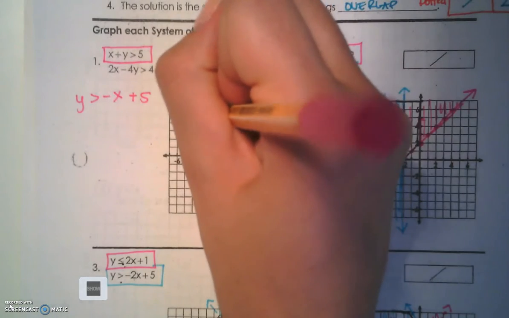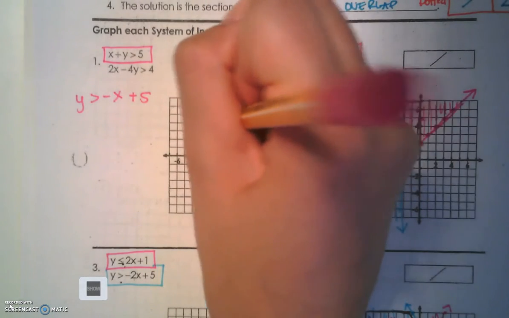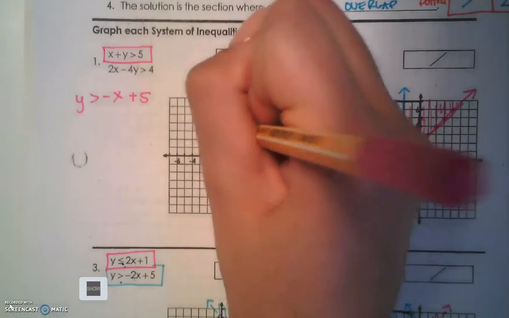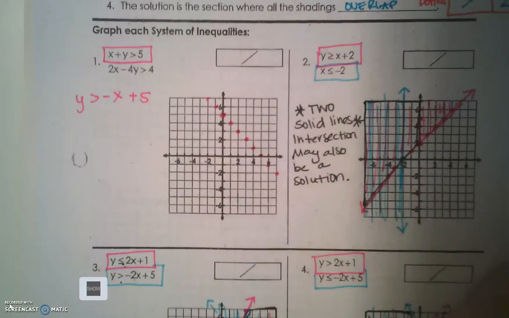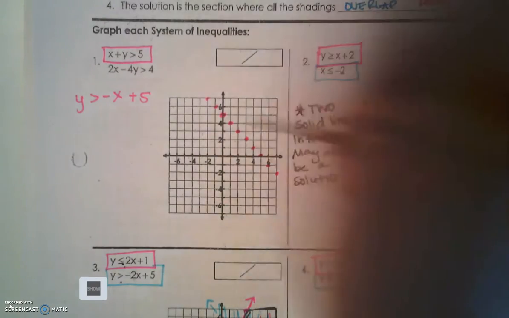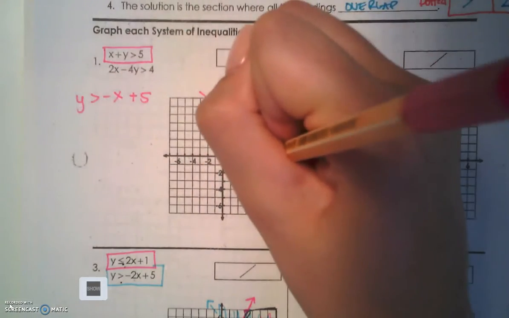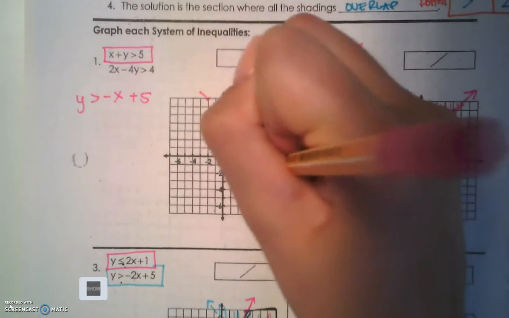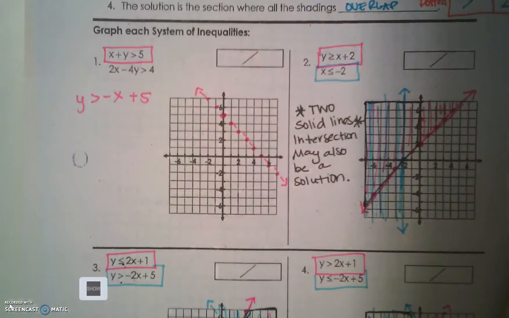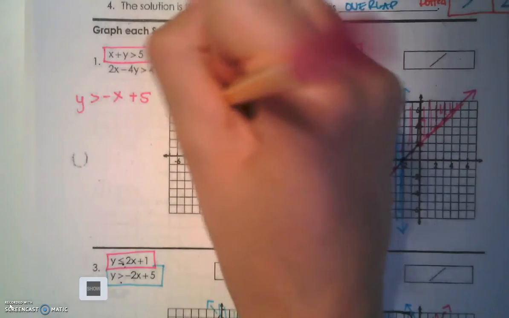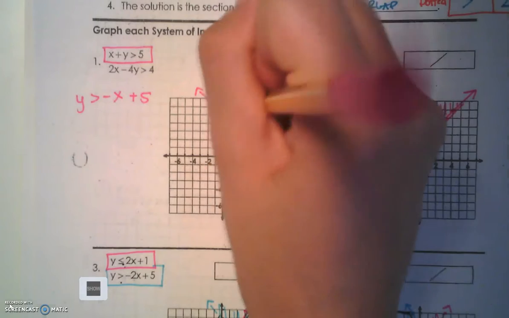So y-intercept of 5 with a negative 1 slope. That is going to be a dotted line. And it's a greater than sign, so we're going to shade this above piece here.